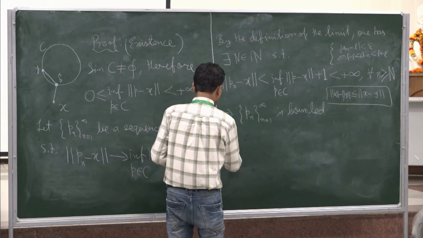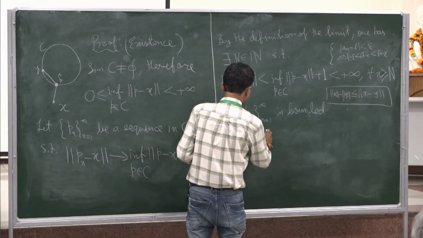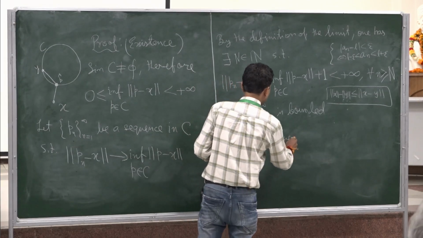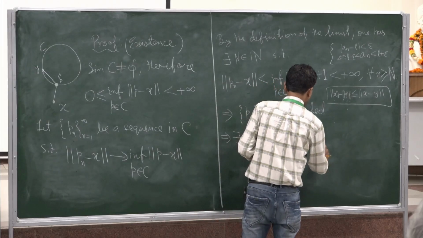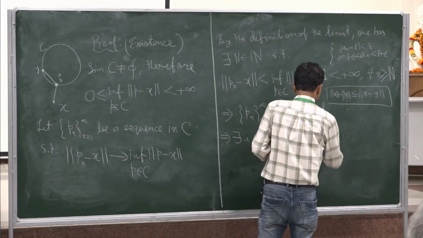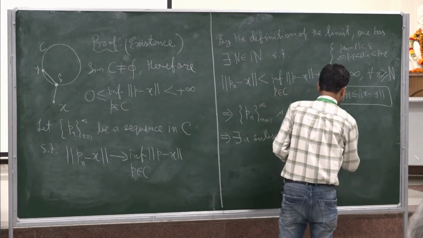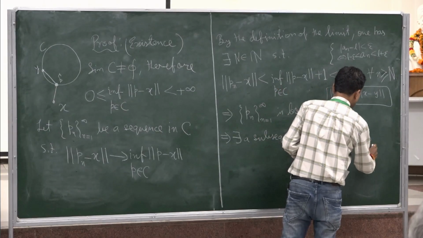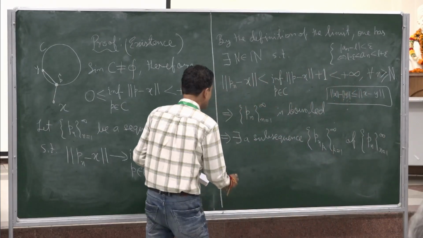So there exists a subsequence P_{n_k}, k from 1 to infinity, of the sequence Pn which is convergent.